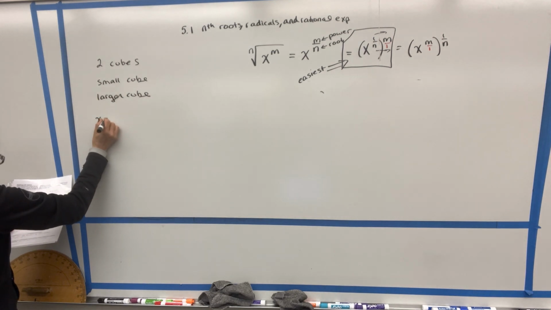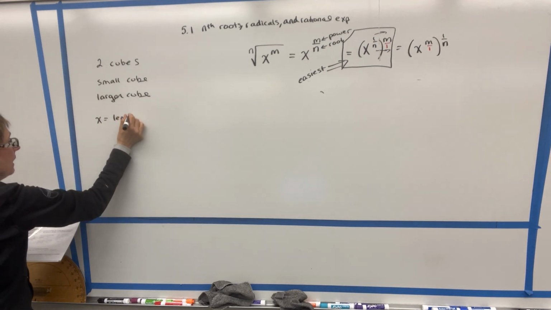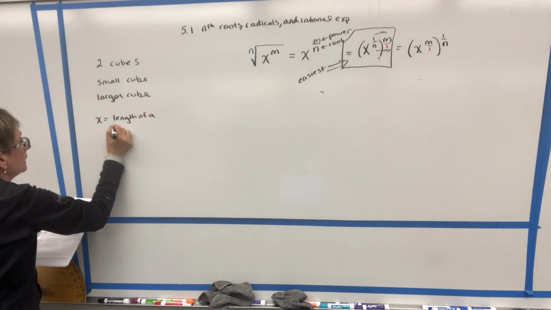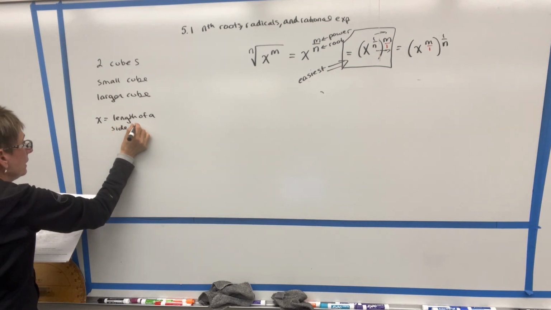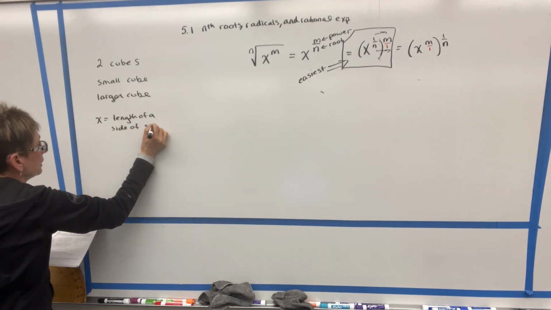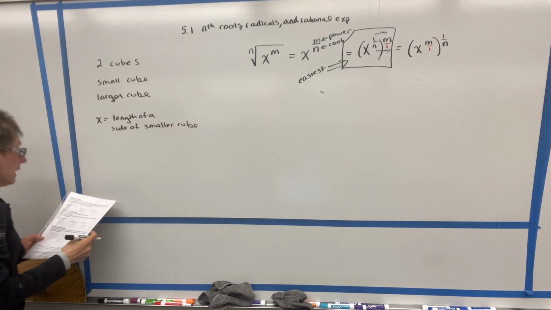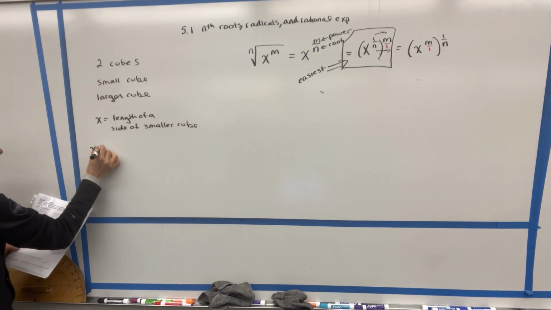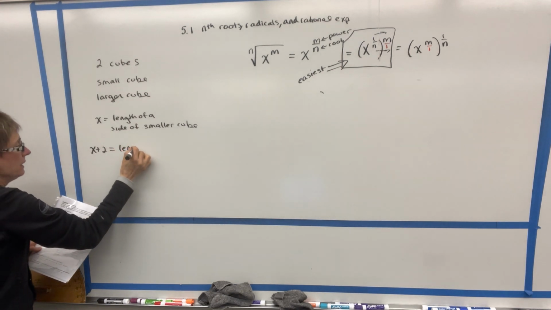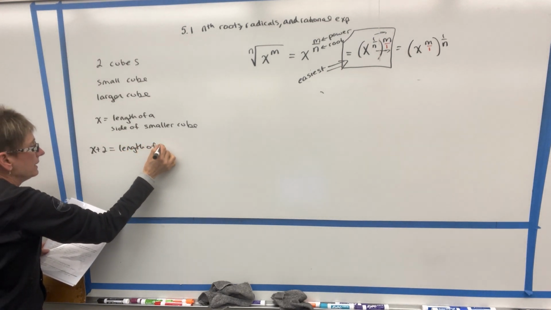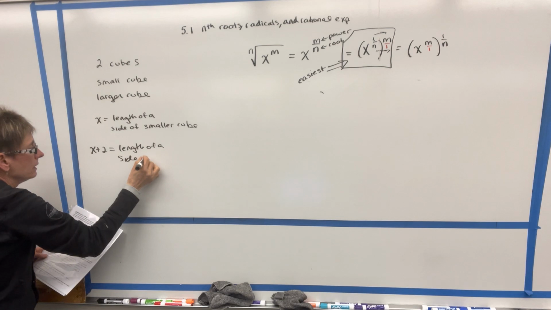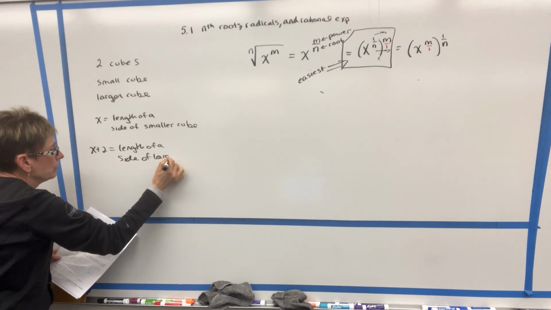Let's let X equal the length of a side of the smaller cube. And then we'll have X plus 2 be the length of a side of the larger cube.